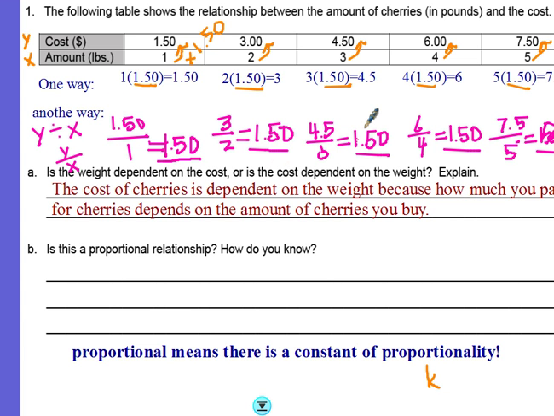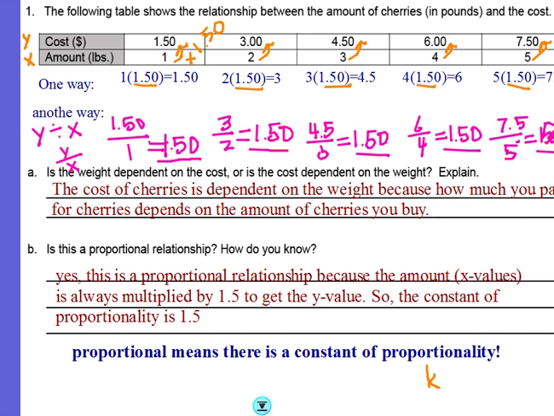This is another way to find the constant of proportionality, and this is the way that we're going to do pretty much from now on. So going back to part B, is this a proportional relationship? Yes. And how do we know? Because the amount, which is the x value, is always multiplied by 1.5 to get the y value.